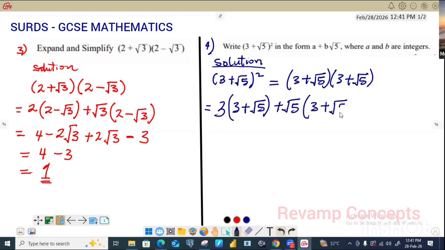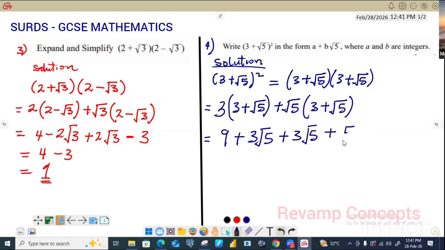So in doing that, we'll say 3 multiplied by 3 will give us what? 3 multiplied by 3 is 9. Very good. 3 multiplied by plus root 5 will give us plus 3 root 5, right? So plus root 5 multiplied by 3 will also give us 3 root 5. And root 5 multiplied by root 5, that is root 25.